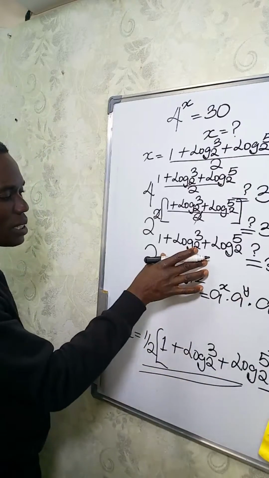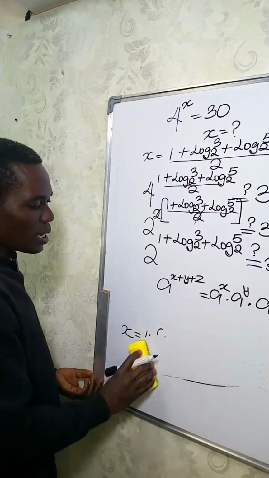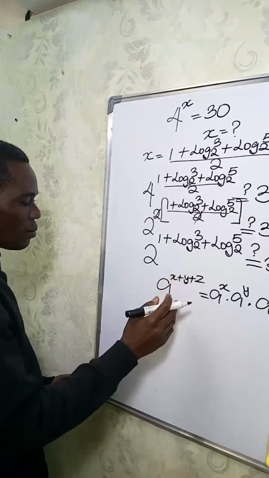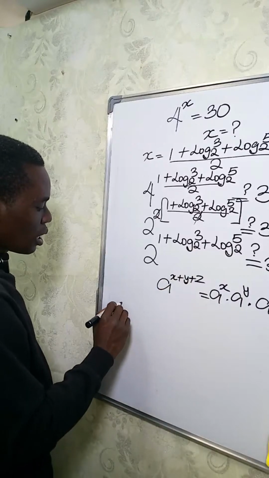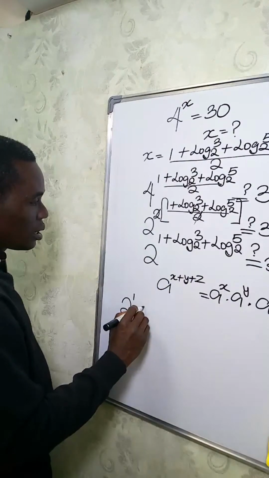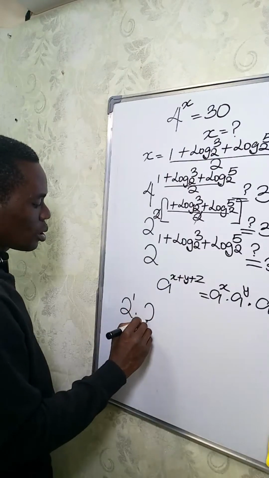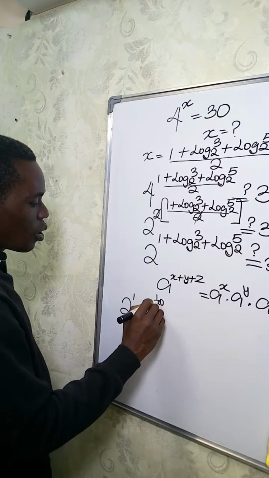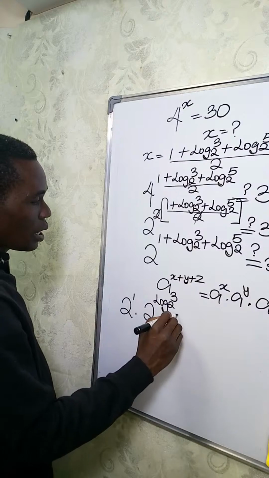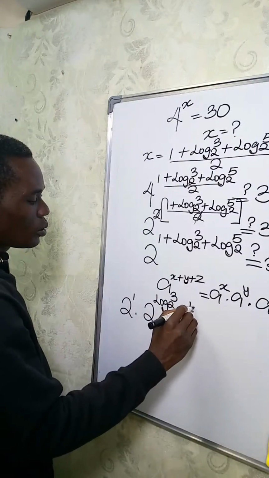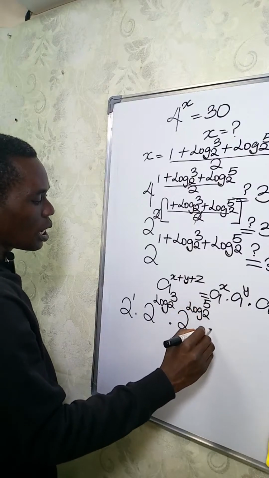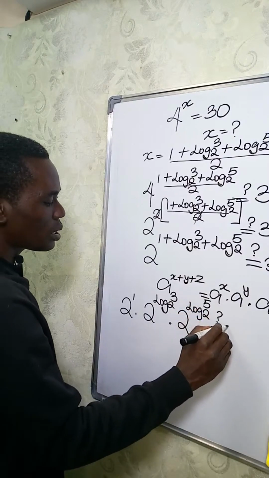Now if I expand this expression with that law of indices, I'm going to have 2 to the power of 1 multiplying 2 to the power of the log of 3 base 2 multiplying 2 to the power of the log of 5 base 2, and will this be equal to 30?